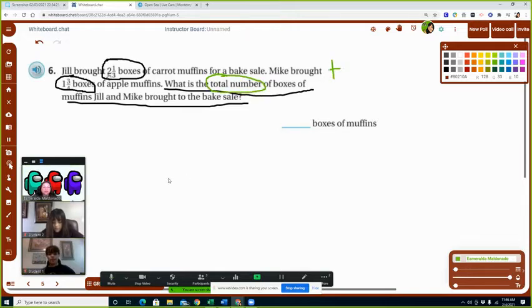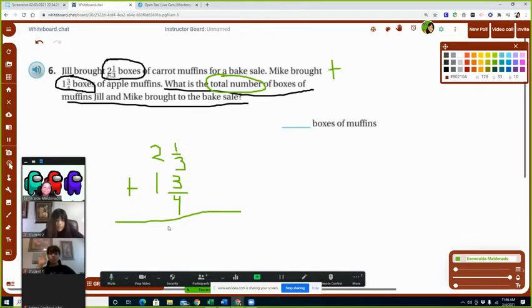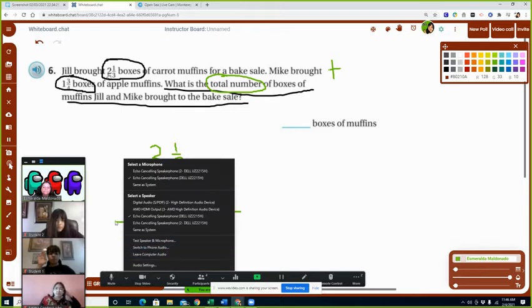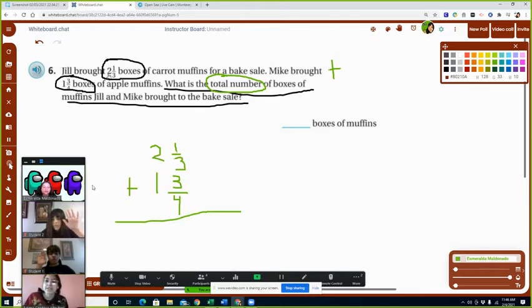So that means that we will be adding 2 1/3 plus 1 3/4. I know that I'm adding, I'm ready to add, but what is my first step? Go ahead, Rosa. What is the first step?